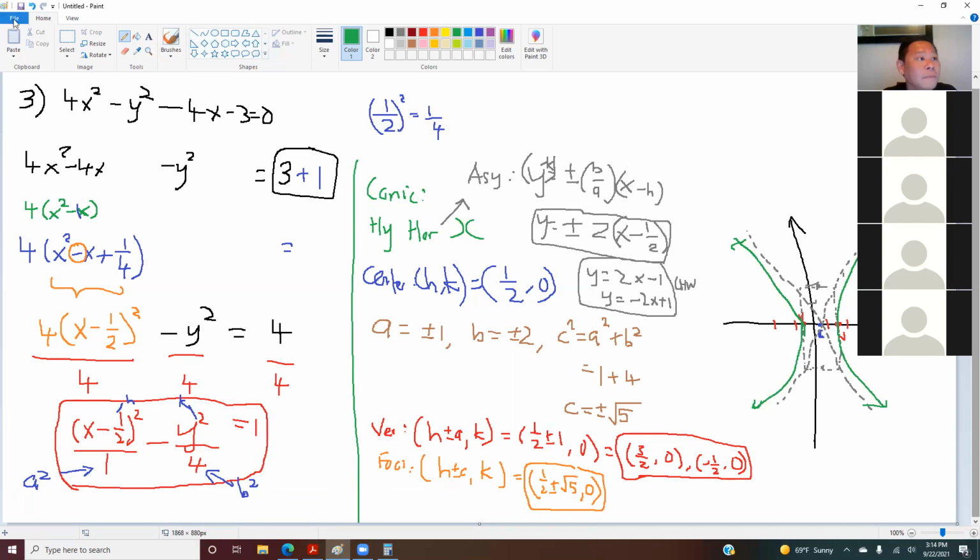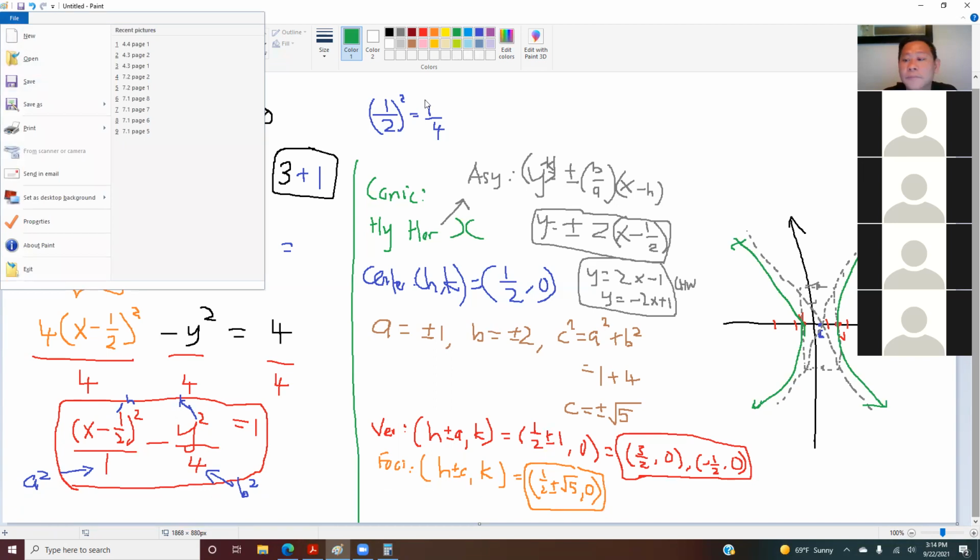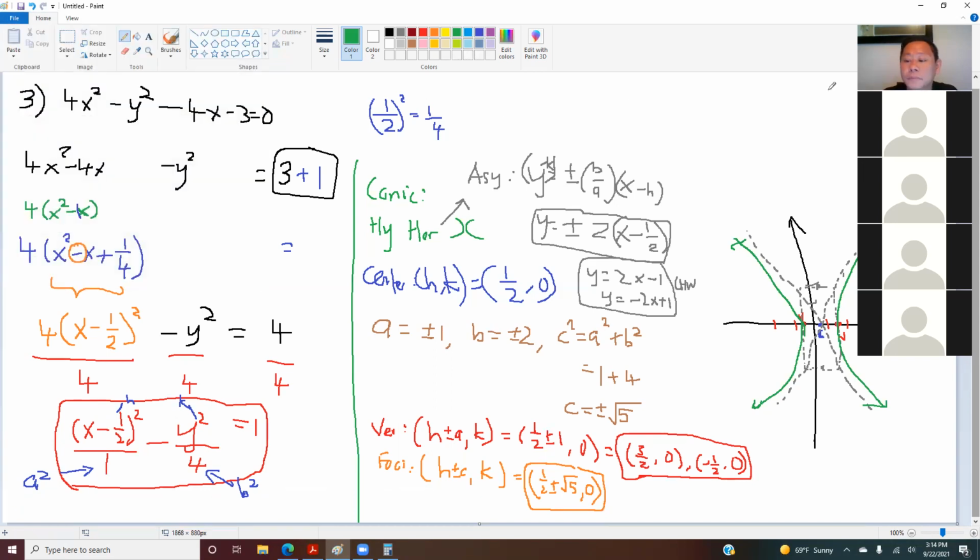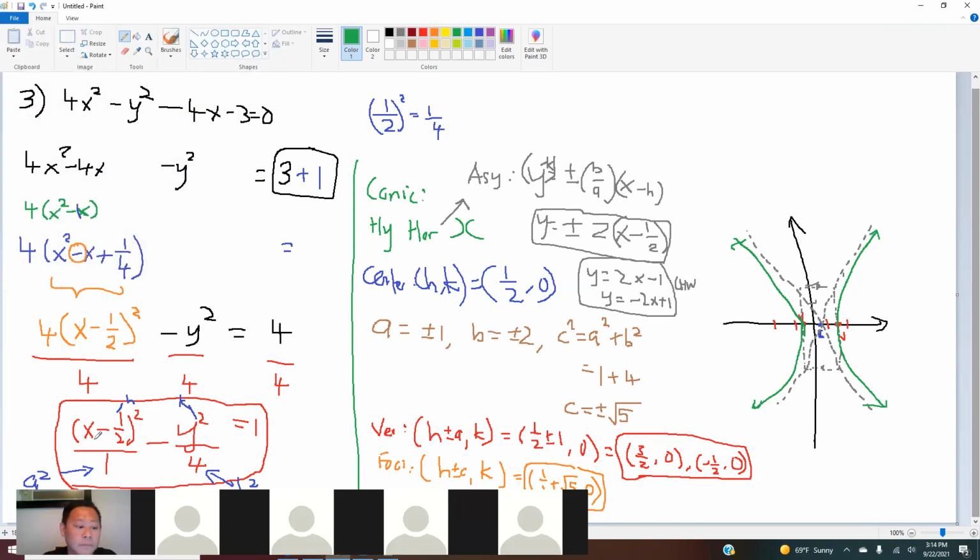I'm sorry, Nuki. Oh yeah, at the very top, it says 1/2 squared. Where did you get the 1/2 from? It's taking the half of this. You see the 1/2? Or you take the square root of this. Okay, then where did the 1/4 come from? 1/4 is where you square both sides.